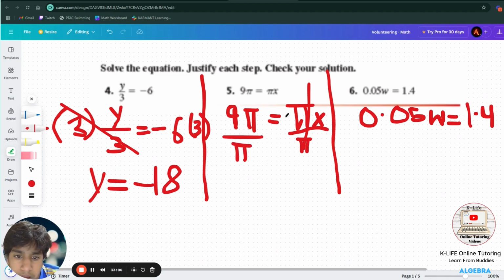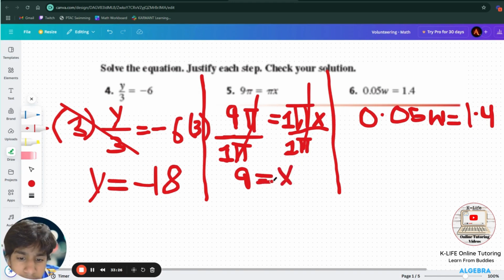First again, I would say make a 1 right here. Cancel this out, because pi over pi cancels out. So that would be left with 9 over 1, which is 9, equals 1 pi x over 1 pi, which is left as x. So 9 equals x, or x equals 9. I hope that's what you got.